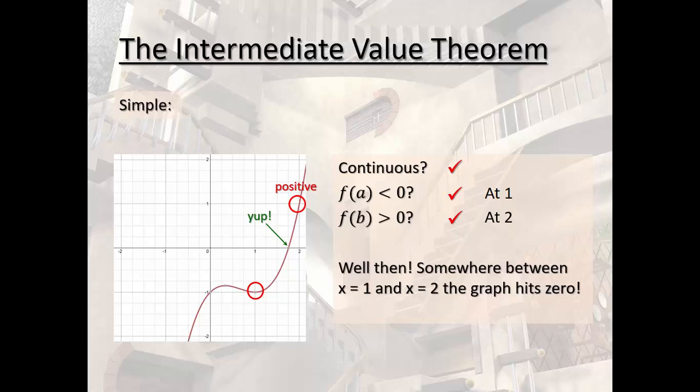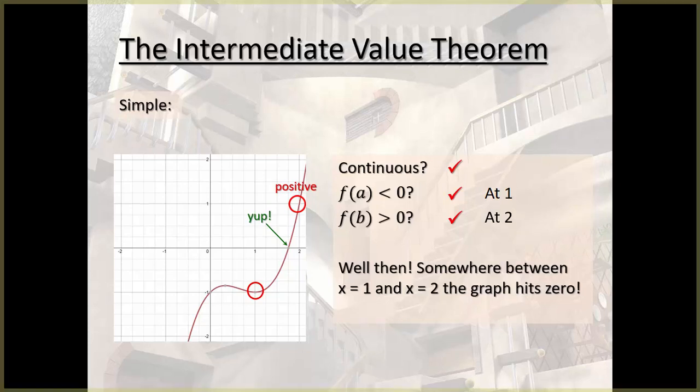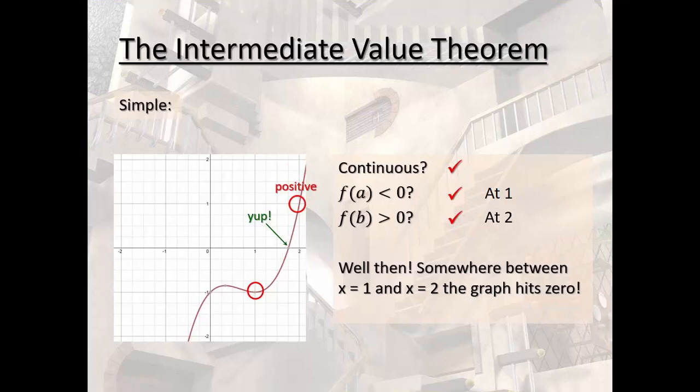Well, I did say that I gave you a modified version, and that is I modified it so that you could realize that it would tell you that between a negative and a positive it's going to hit 0 somewhere. But the intermediate value theorem actually applies to anything, any value.